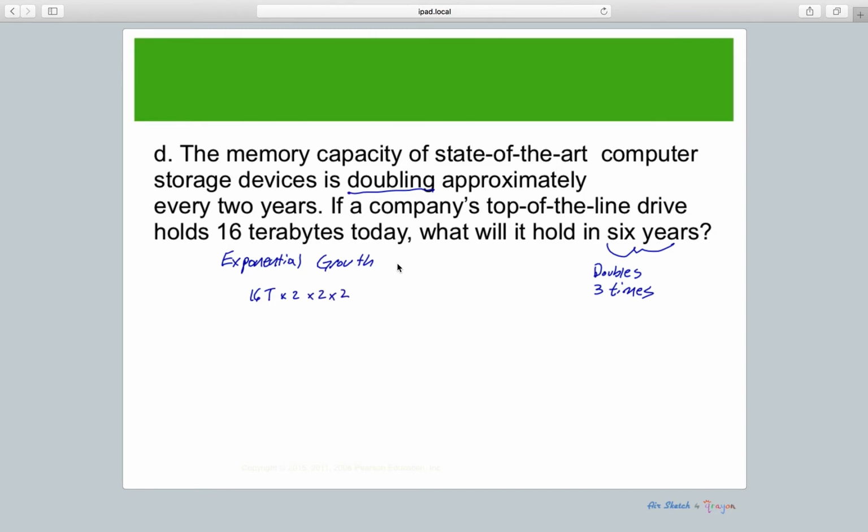So this is called exponential growth, we can see, because I can rewrite this as an exponential equation, right? That's 2 to the third. And so what I really have is 16 terabytes times 2 to the third, which is 128 terabytes.